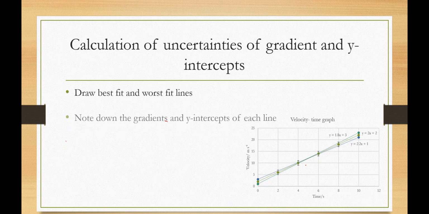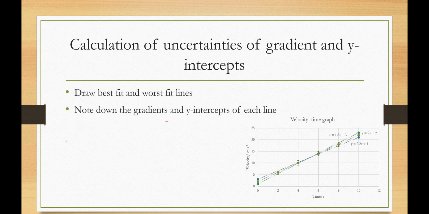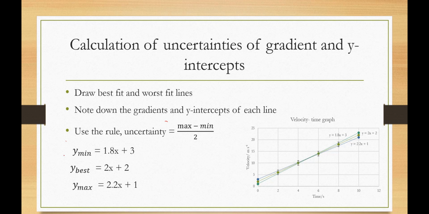Uncertainty in gradient is equal to maximum gradient minus minimum gradient divided by 2. So, these are the equation for the best fit line, the max line, and the min line. So, uncertainty in gradient will be equal to 2.2, which is here, minus 1.8, which is here, divided by 2, giving me 0.2.